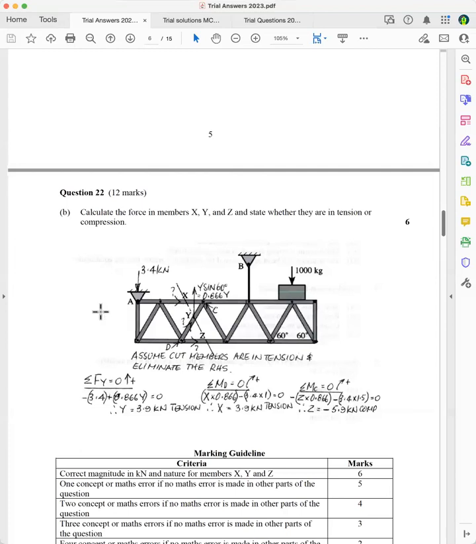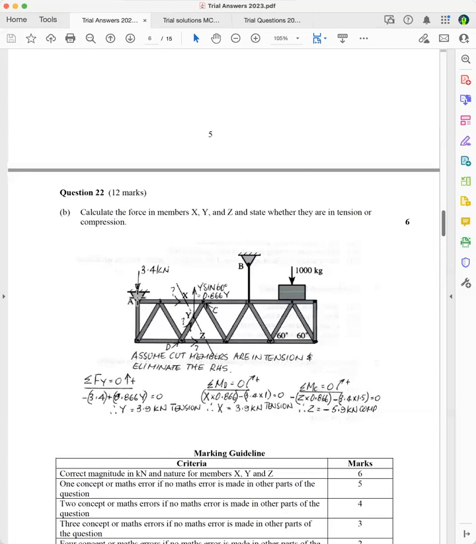So if you took moments about this point here, the sum of the moments about this point is equal to 0 because it's in equilibrium, but it's silly to take moments about that point because you'll end up with 3 unknowns in the equation. So you've got to look around and see where you're going to take moments about to eliminate the other 2 unknowns, because you're only allowed to section 3 members. But before we do that, let's just find this inclined force.